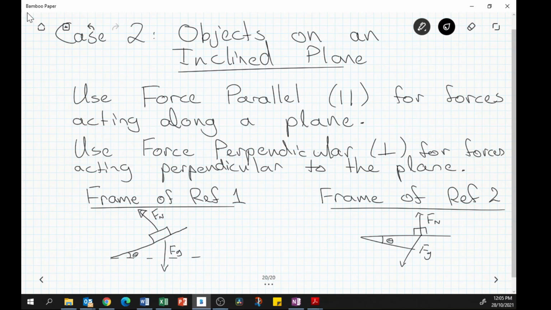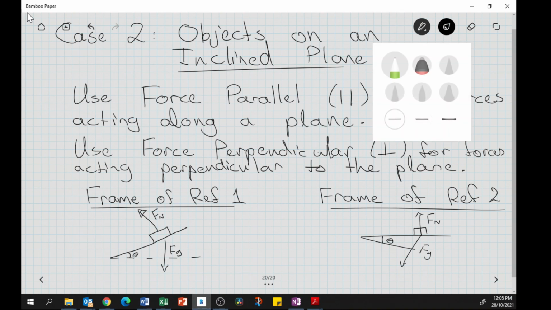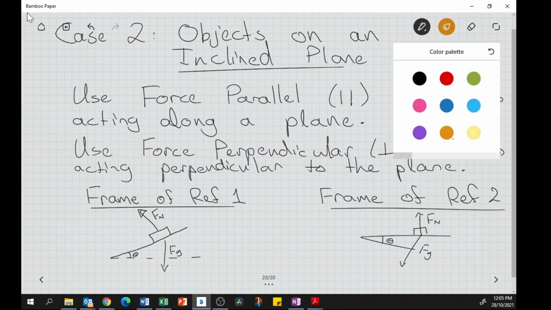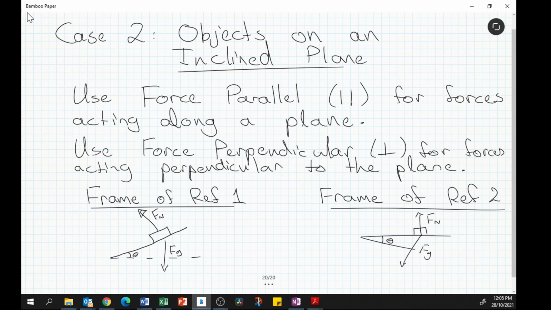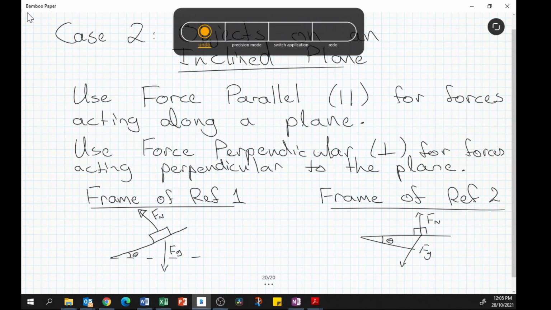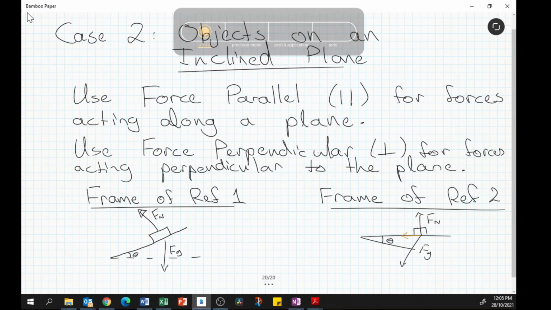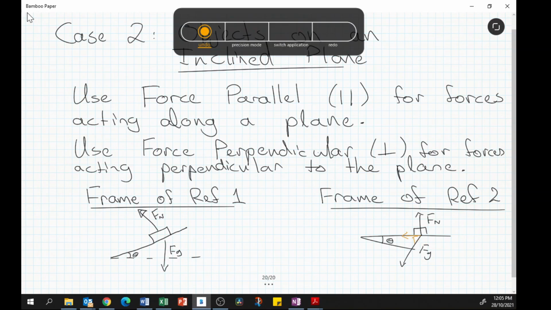Which means, despite it being technically wrong, and I don't love it, you will often see people talk about the horizontal component of gravity, FG parallel to the plane. I might move that up the top actually, sorry, so that it's a bit clearer.